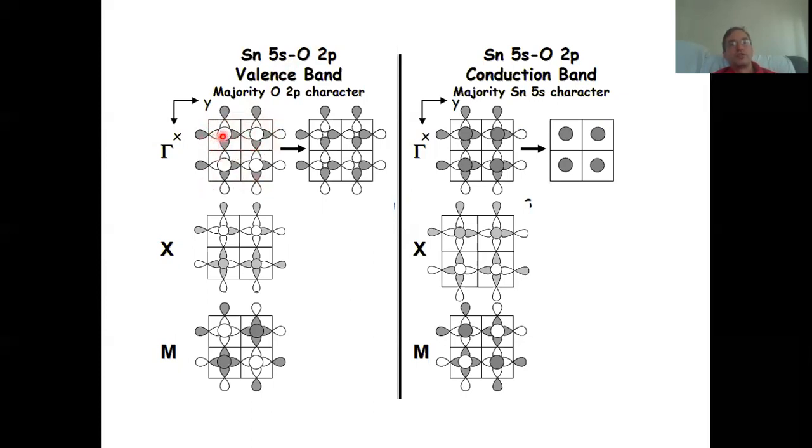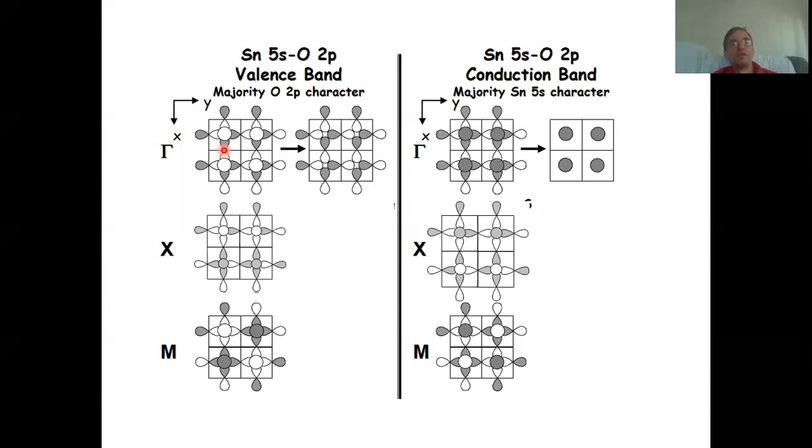Okay, so in the center of the square, we have the tin, and then the oxygen atoms sit here. Okay, so now how can we create bonding interactions or orbital overlap between the px and the py orbital of the oxygen and the 5s orbital of the tin?